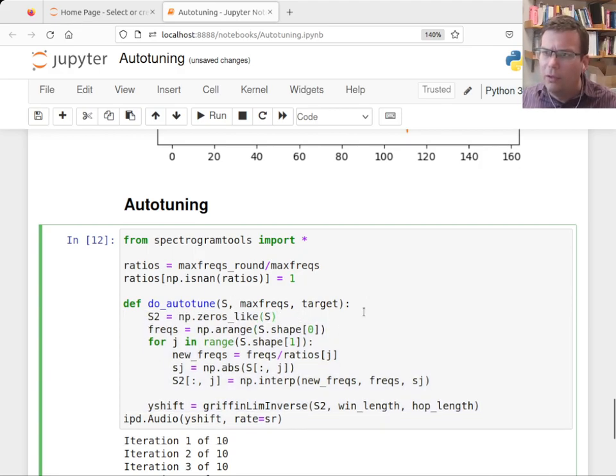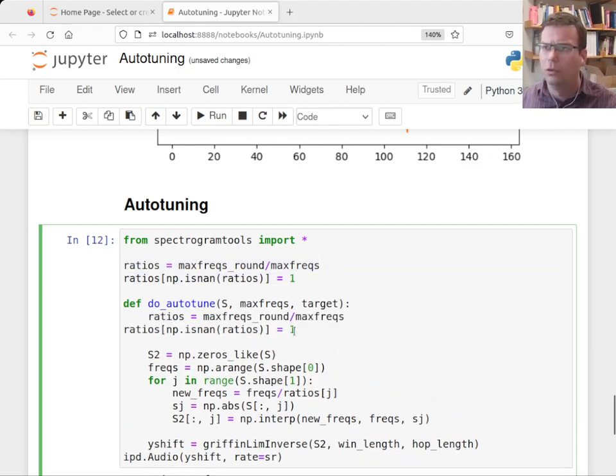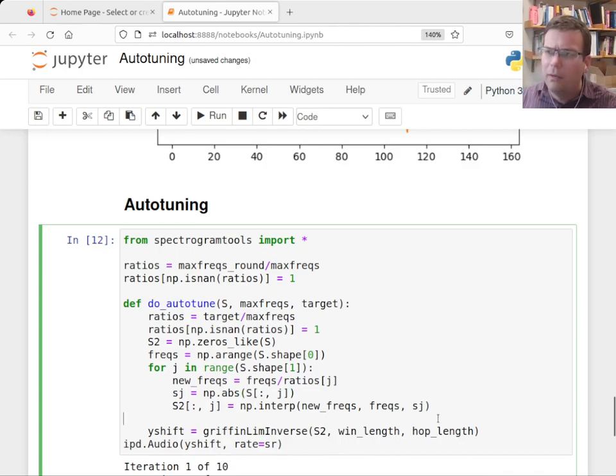So I'm going to say ratios is equal to the target over what the frequencies were. And I think I have all the information I need here.